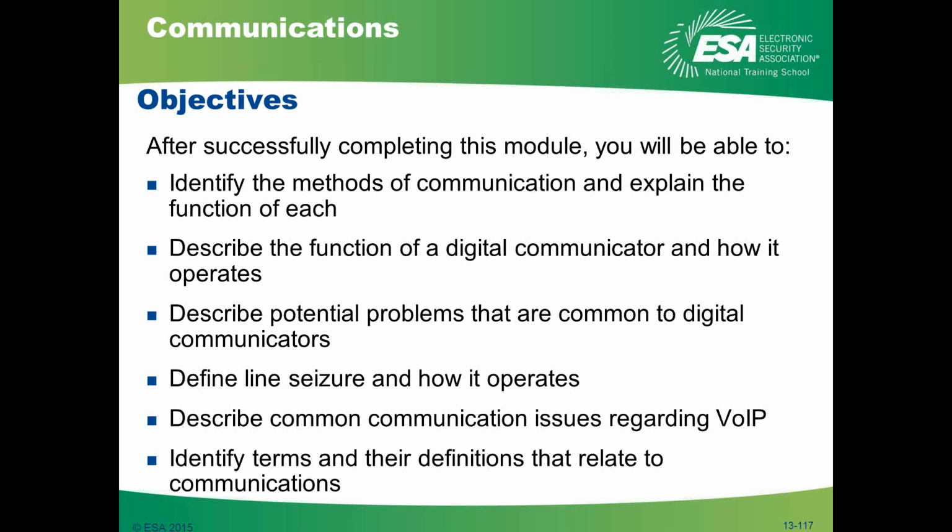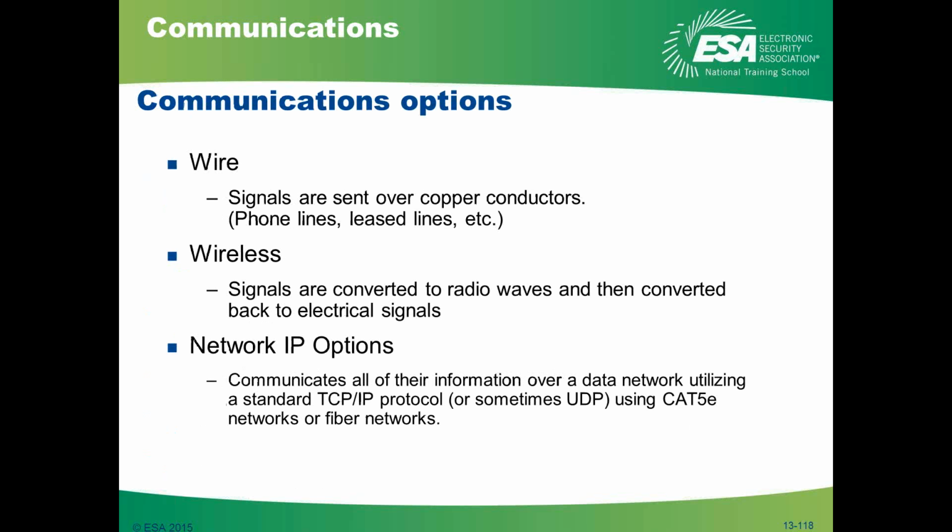In fact, you need to get AHJ approval if you're going to use two landlines. So between 2011 and 2013, the landline went from being the most preferred to the least preferred method of communication we have. We have the options of wired, wireless, and networking.